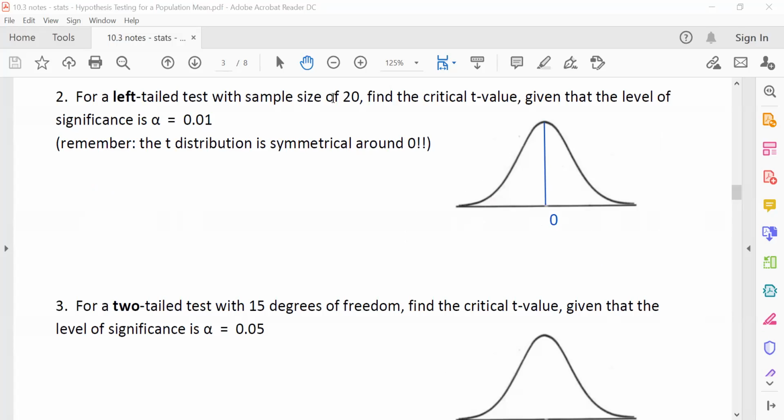Zero. So any T values down here would have to be negative, which is what we want. We wanted this region and we wanted this T value right here. So our critical value is negative 2.539.